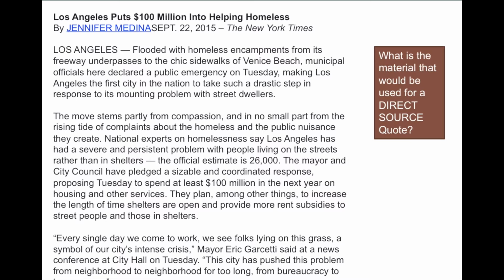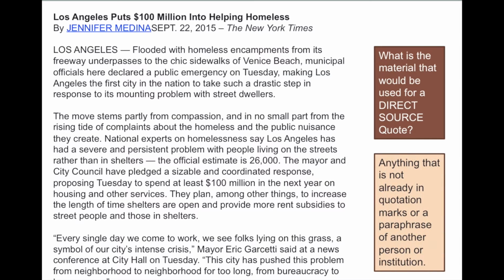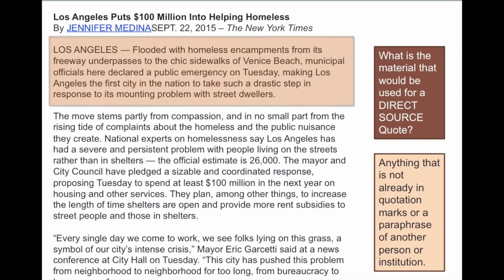Okay, so now let me show you which areas would be direct source. Essentially, it's anything that's not already in quotation marks or already a paraphrase from another person or institution. So this whole first paragraph would be a direct source. If you wanted to quote anything from there, it would be directly from Medina.